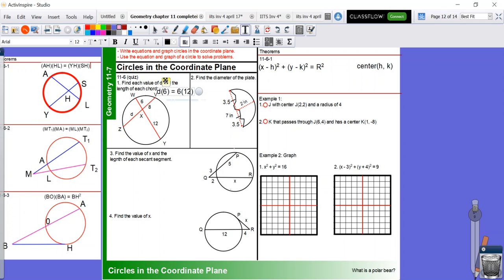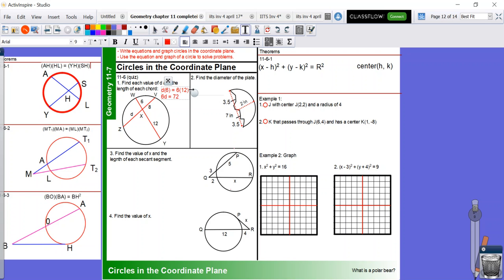Well, 6 times 12, I can make this a different color so it's easier to see. Sorry, I should have done that earlier. And a little bit smaller. There we go. Well, 6 times D is just 6D, and that has to be equal to 72. Now we'll divide both sides by 6.